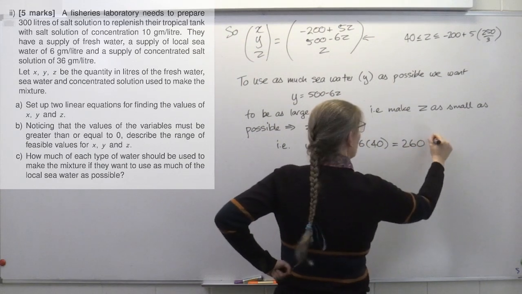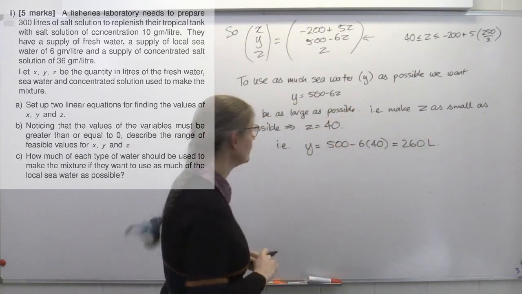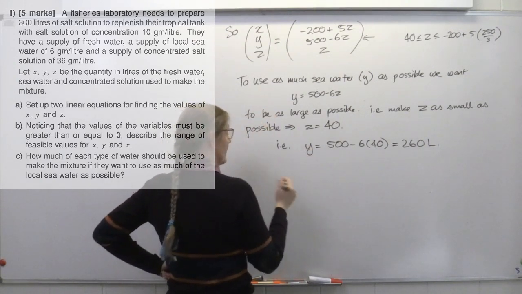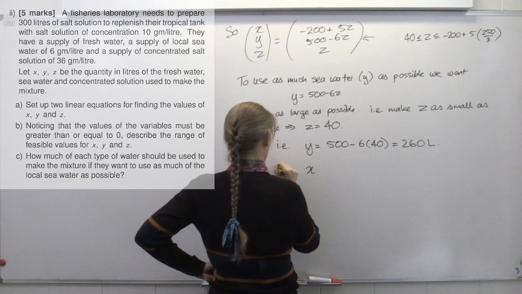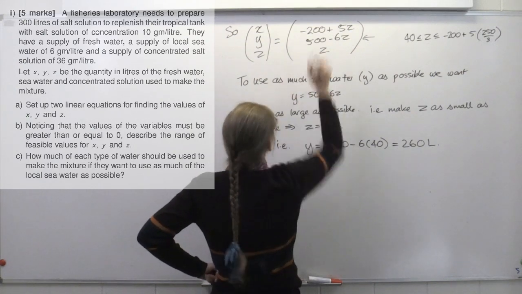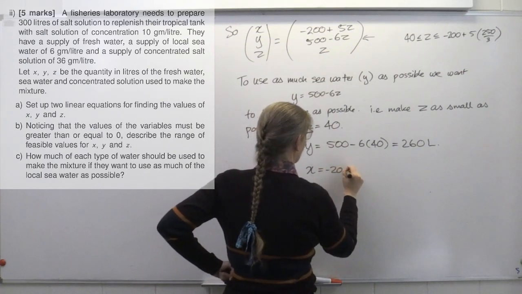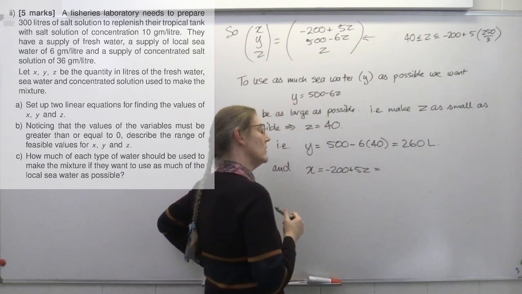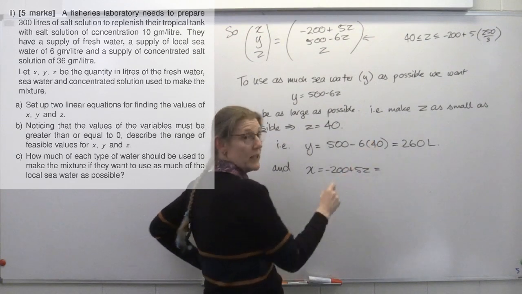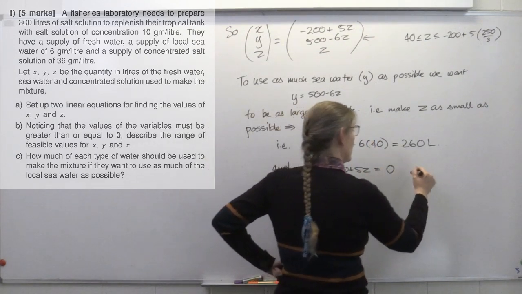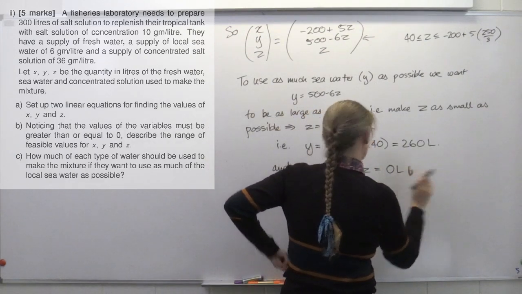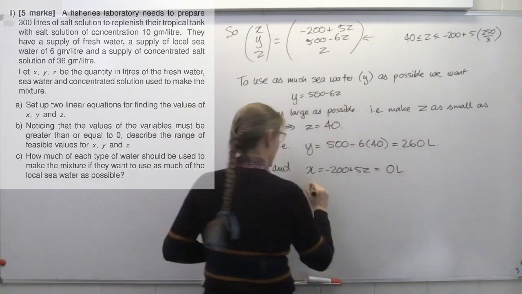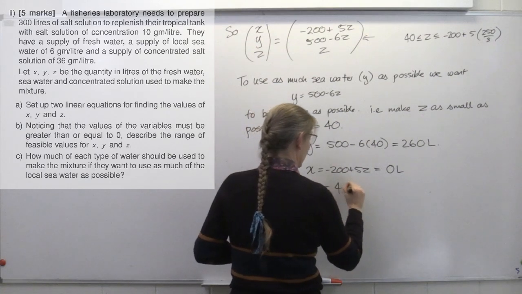And remember, it's litres. What about x? What about z? Well, x is minus 200 plus 5z. Well, 5 times 40, that's 200, that's 0 litres. And of course, z is just 40.